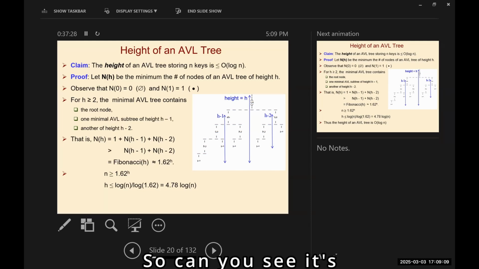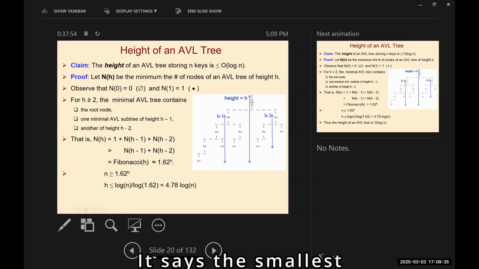So can you see it's sort of solving the same problem, right? Because if you make this smaller, then this gets smaller, right? It's sort of saying that the worst case is not that big, right? And so it's solving the same problem, right? I mean, here you can see it right in this relationship.